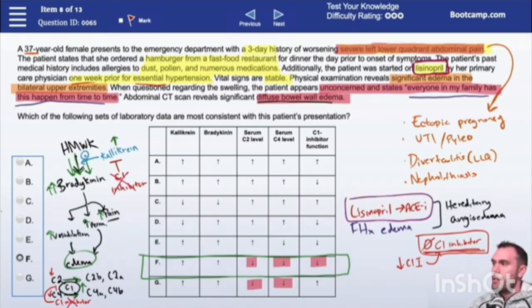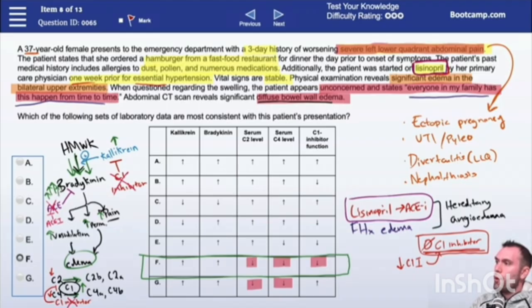So to integrate ACE inhibitors here, remember that the ACE enzyme normally inhibits bradykinin. Okay, so the ACE enzyme, again, as a regulatory step, inhibits bradykinin. When you start somebody on an ACE inhibitor, right, you're going to inhibit this ACE enzyme. So if I start somebody on an ACE inhibitor like lisinopril, I'm going to inhibit that ACE enzyme, and that's only going to further potentiate or stimulate this bradykinin, right?